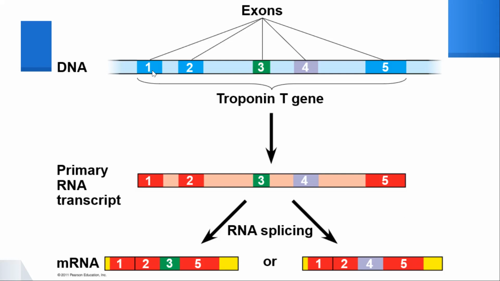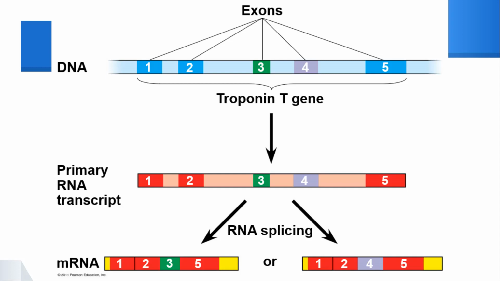If we look at our DNA, we've got exons 1, 2, 3, 4, and 5. If we make that primary transcript, and we're transcribing it all, we can cut and paste and put together 1, 2, 3, 4, and 5 in different ways. You can take all of those exons and put them together and make one protein.